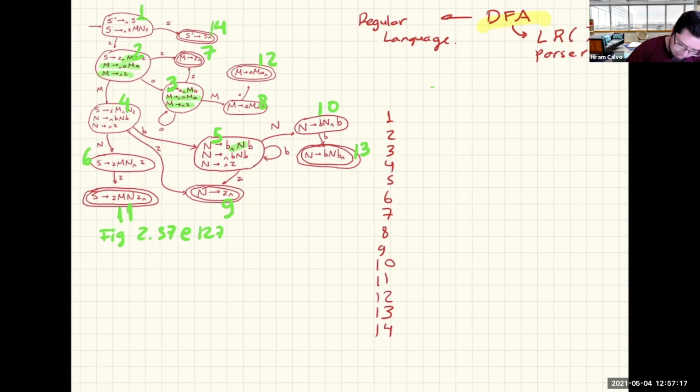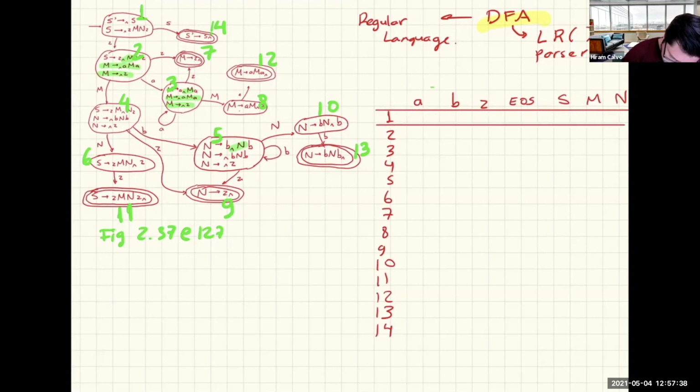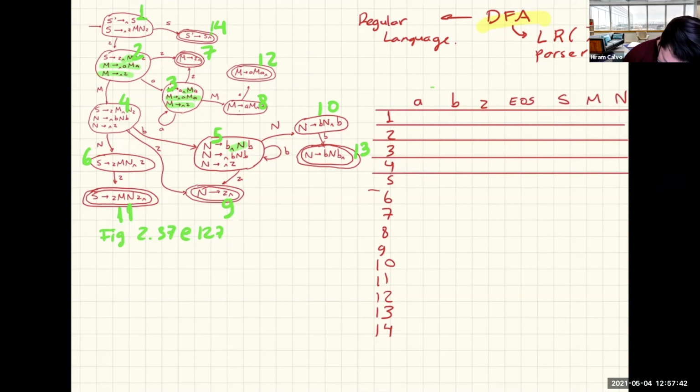So we will have here what happens for symbol A, for symbol B, Z, end of string. And also we need to put here what happens with the non-terminal symbols, S, M, and N. So given this, we can draw our table. I will just draw the horizontal lines and vertical lines.